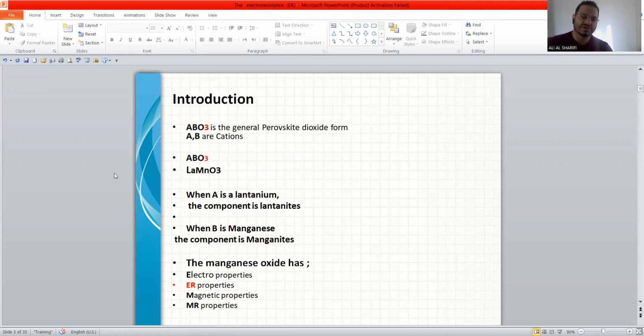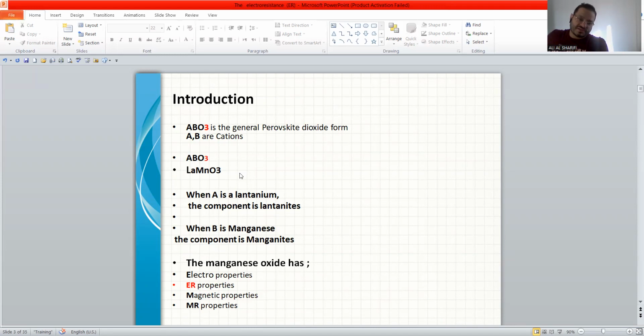Actually, in this lecture, we depend on this form, lanthanum manganite O3. It's another version of ABO3. When A is lanthanum, the component is lanthanite. When B is manganese, the component is manganite. It's simple but important.